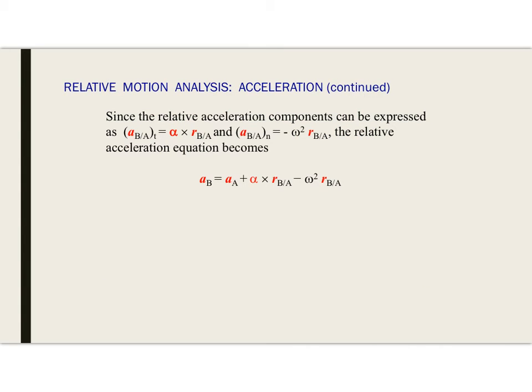So here we have the terms all written out once again, how we find the acceleration of B given the acceleration of another point. It's very similar to what we did in the previous lecture with relative velocities, but now we're just doing it with acceleration.